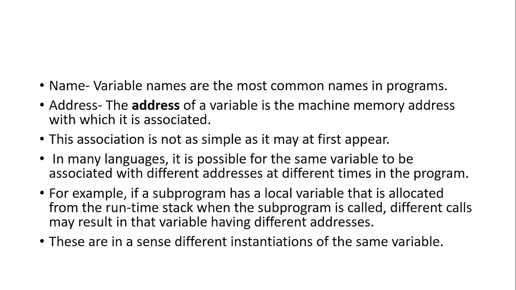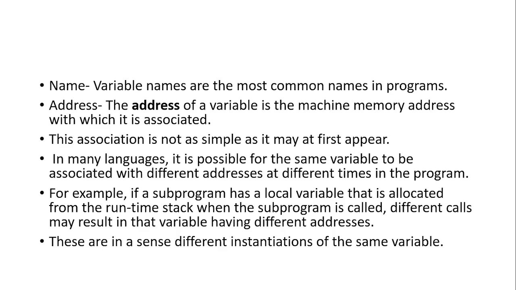In many languages, it is possible for the same variable to be associated with different addresses at different times in the program. That makes it very complicated. For example, if a subprogram has a local variable that is allocated from the runtime stack when the subprogram is called, different calls may result in that variable having different addresses.